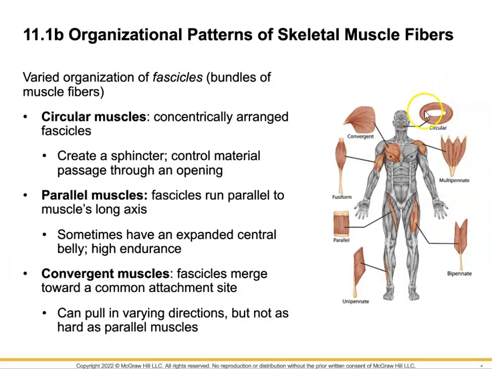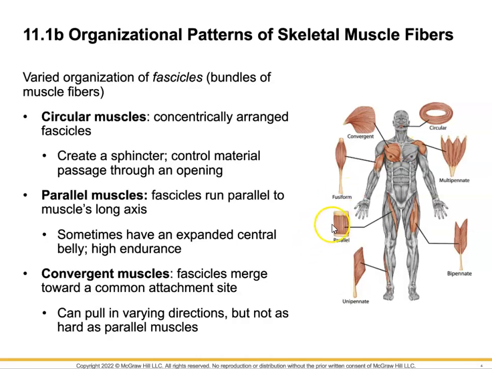So we have circular muscles, such as the orbicularis oris around the mouth and orbicularis oculi around the eye. When you have a circular muscle and it contracts, it makes the circle smaller. So that creates a sphincter muscle that controls opening and closing.